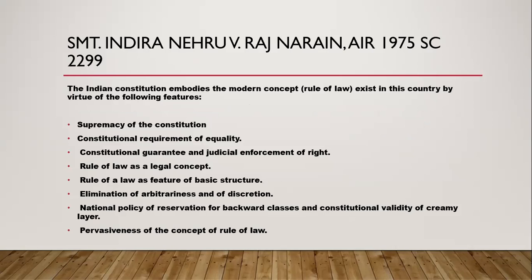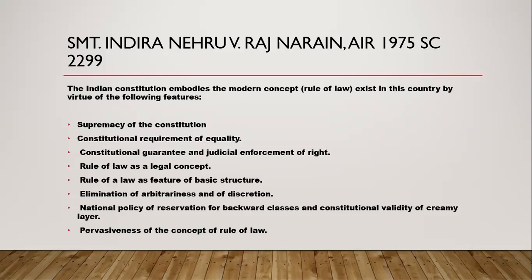In the famous case of Indira Nehru Gandhi versus Raj Narain, it was held that the Indian Constitution embodies the modern concept of rule of law by virtue of the following features: 1. Supremacy of the Constitution; 2. Constitutional requirement of equality; 3. Constitutional guarantee and judicial enforcement of rights; 4. Rule of law as a legal concept; 5.